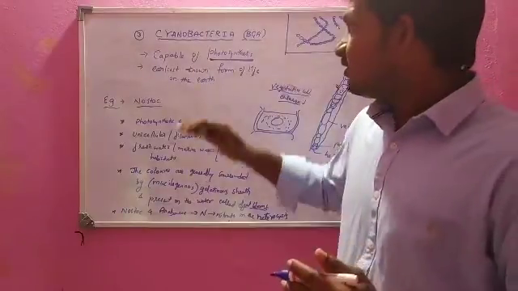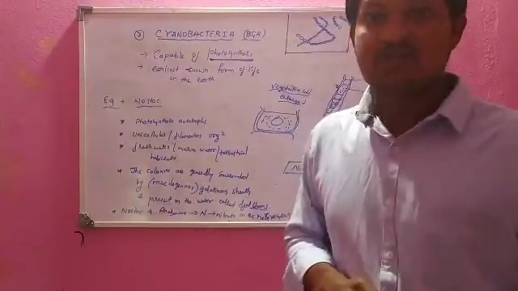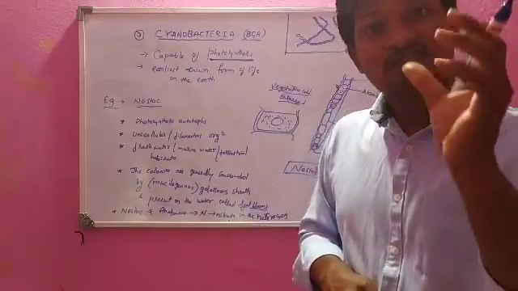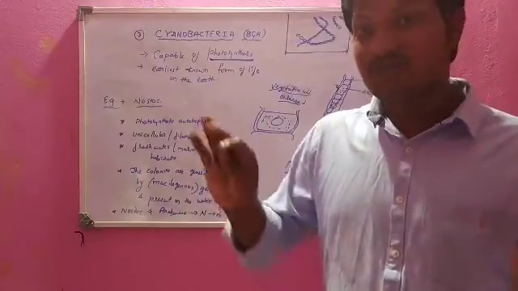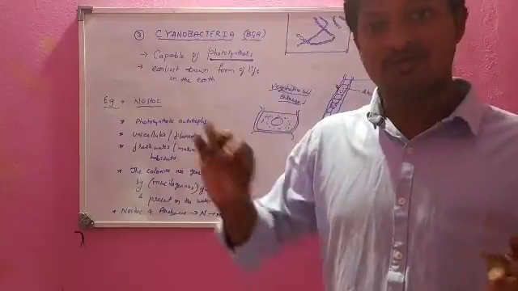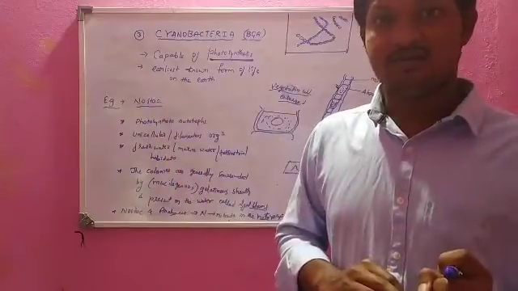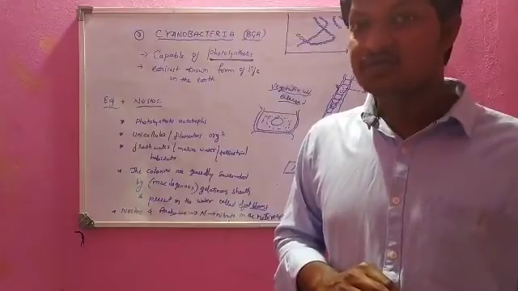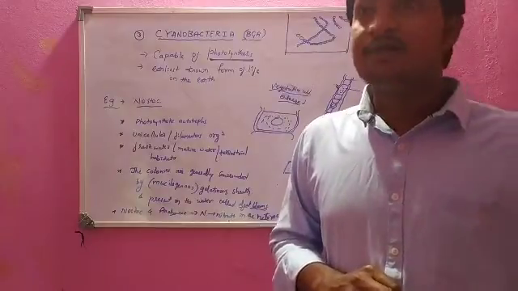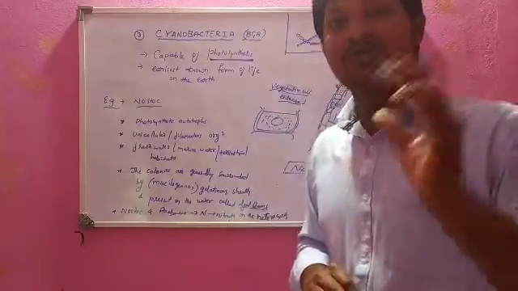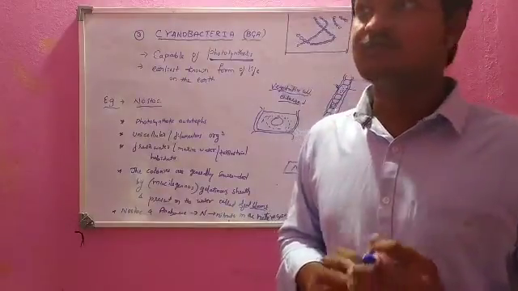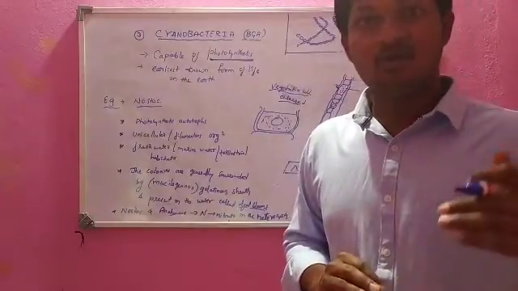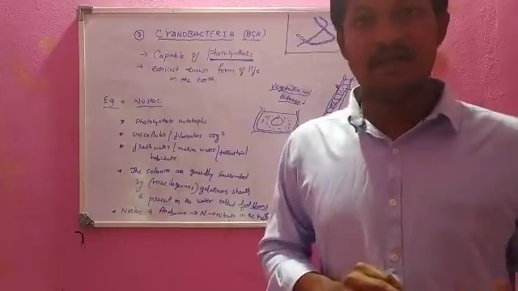But these bacteria, Nostoc or Anabaena, fix the atmospheric nitrogen from the atmosphere and fix it in the soil. In the soil, with the help of the roots, the plants take it up. N2 will not be taken directly.